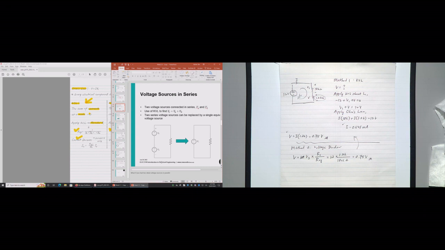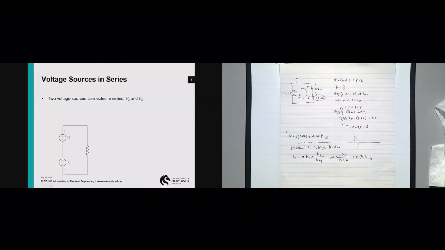Perfect. However, most of the time, it will be a lot more complex than this. You might have something like this, maybe another voltage source here. It makes everything so confusing, and you need to just use KVL or KCL right away, instead of summing them up.